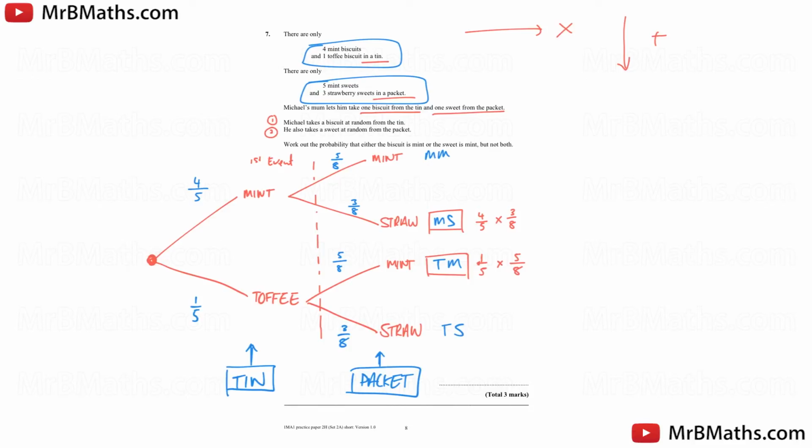So that would give us 12/40, and this would give us 5/40. So now we need to add these two probabilities. So 12/40 plus 5/40. You do not change the denominators, so that would be over 40, and that would give us a probability of 17/40.